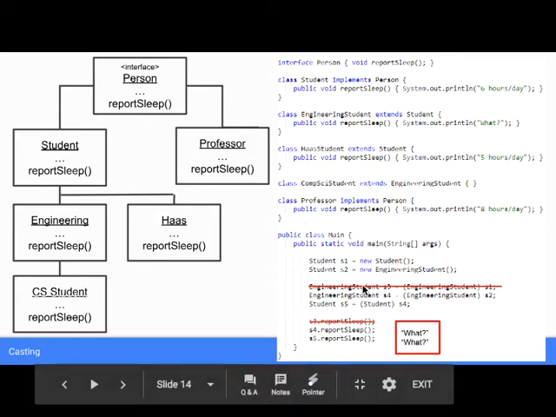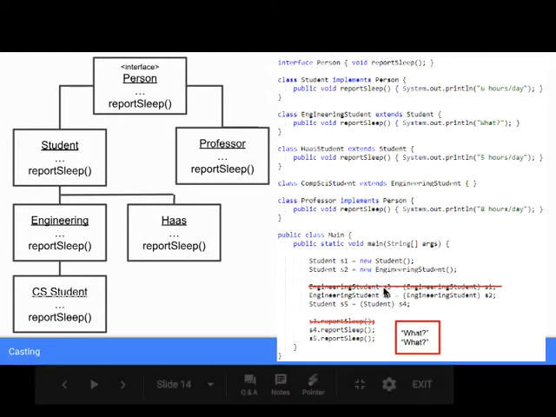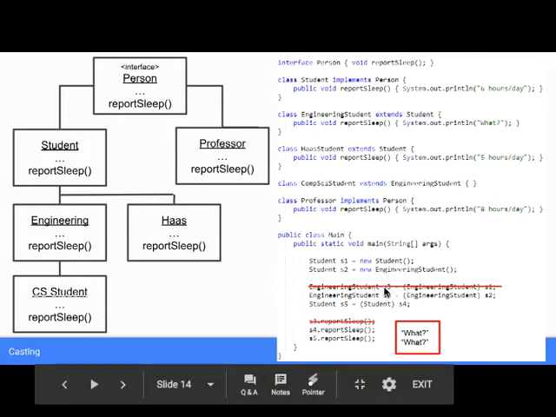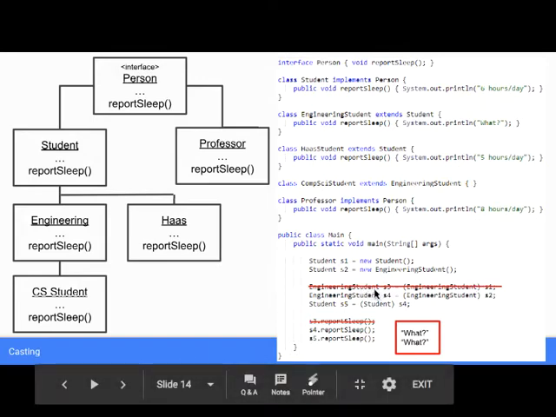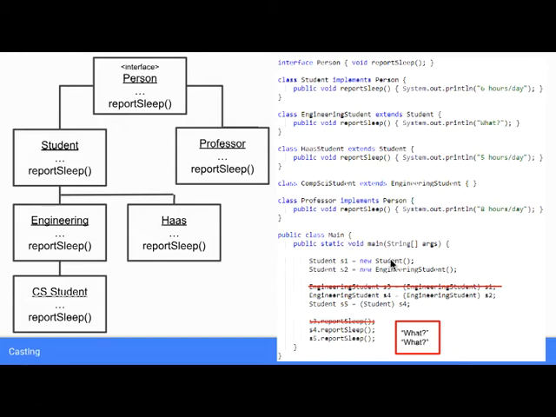So the question is, can you explain why S3 throws a runtime exception? So I will walk through this process with you. This was a bad example that I designed on my part because report sleep is overridden in all these classes. So the static class of S3 is engineering student, right? S1 is casted to be an engineering student, because the static and dynamic type of S1 are both student, right?